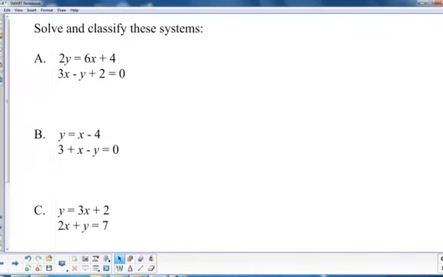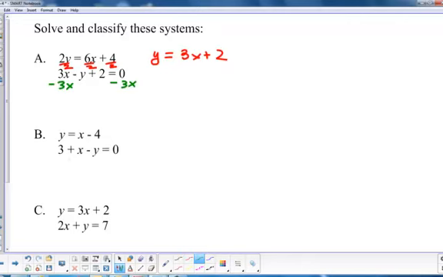So if you want to look at these and see what they are, we don't need to necessarily solve them. But I think it's easiest to put it in y equals. So this top thing is simplified as y equals 3x plus 2. And this bottom one, we would need to subtract 3x from both sides. So negative y is negative 3x.